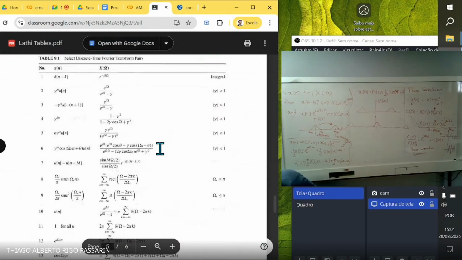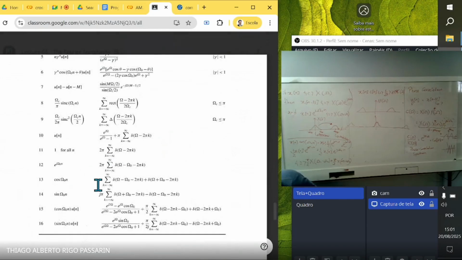Cosine. Here, pi. Why is this sum here? Because the spectrum is periodic. So the author has to put this sum here to make it clear that it repeats every 2 pi radians per sample.